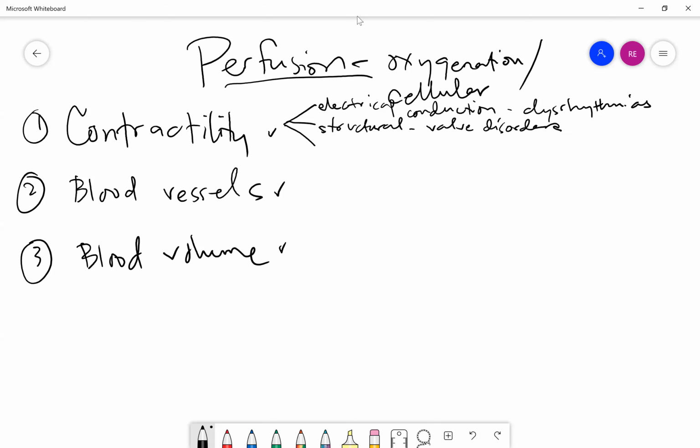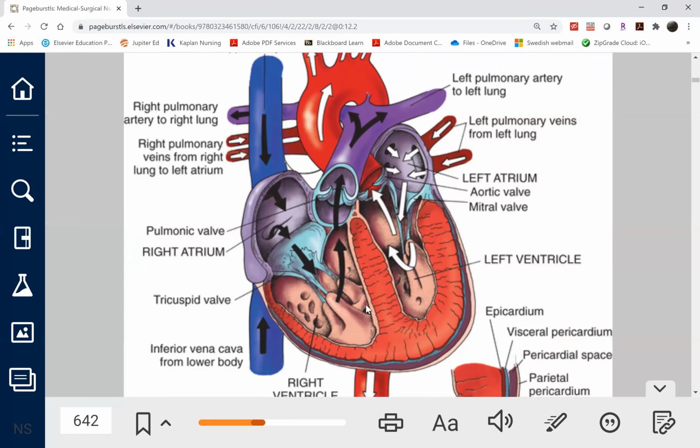So what if one or more of these valves in your heart either do not open or do not close properly? So let's say either the tricuspid or mitral or the pulmonic or the worst, the aortic valve.